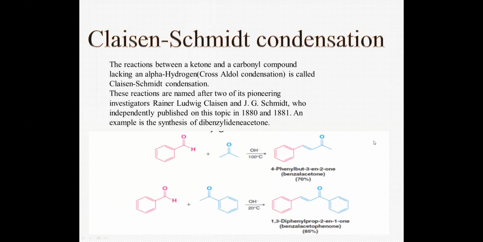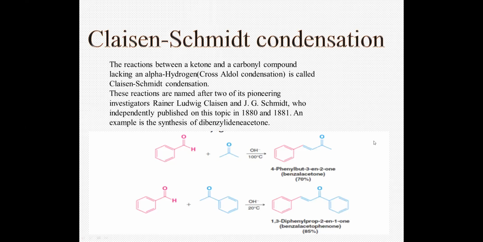So now comes the Claisen-Schmidt reaction. We have studied it in our practicals last semester. It's a reaction between a ketone and a carbonyl compound lacking alpha hydrogen atom, and it's an example of crossed aldol condensation, known as the Claisen-Schmidt condensation.